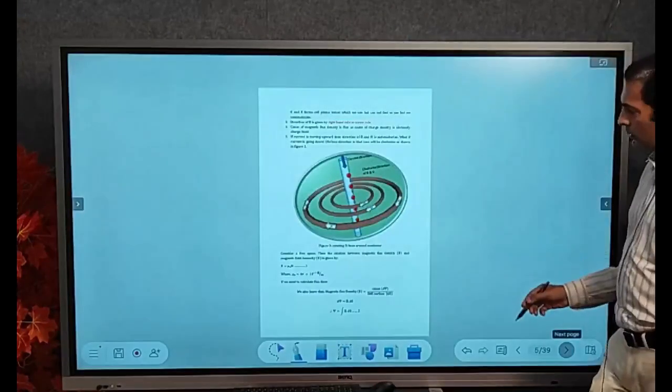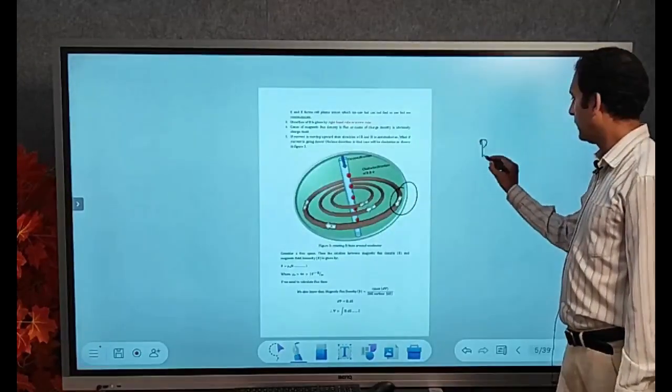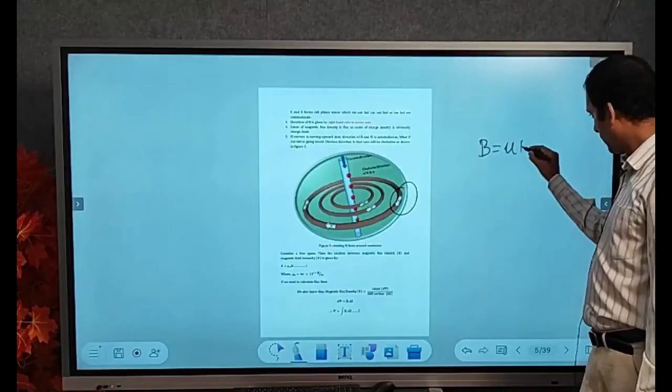Then we have discussed the relation between B and H, which is very important. It is given by B is equal to mu H.